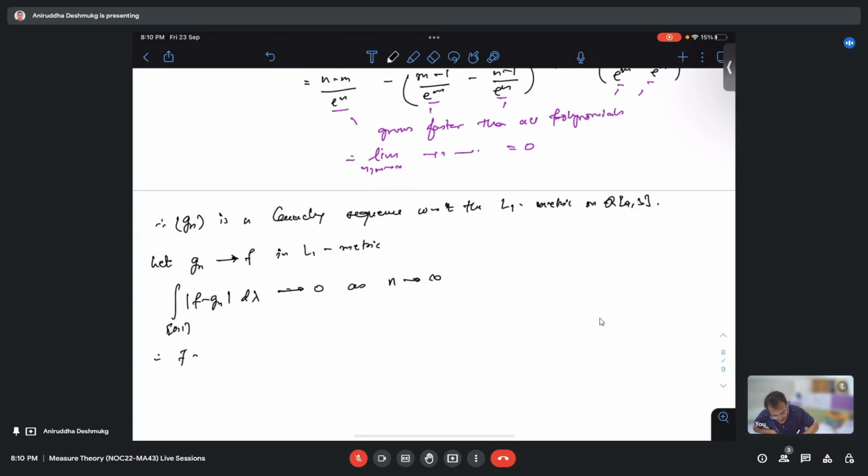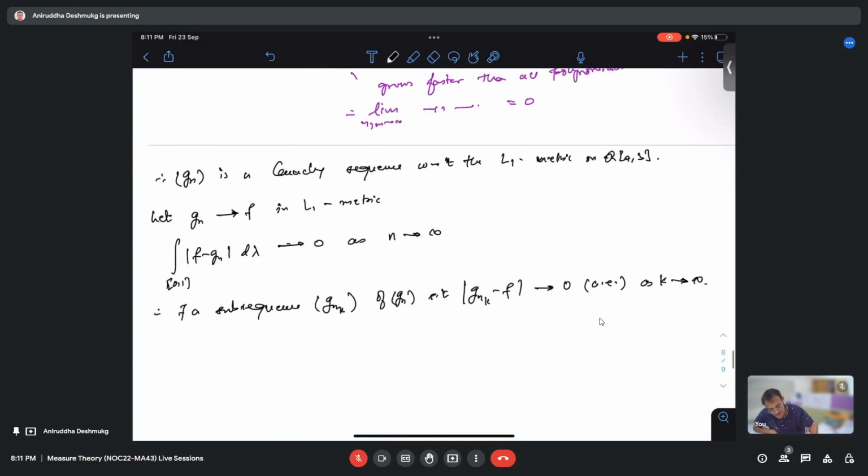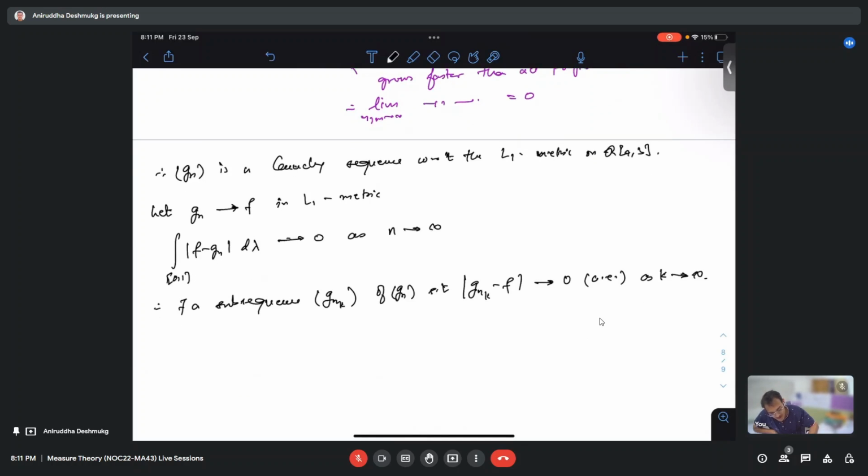Therefore, there is a subsequence Gnk of Gn such that mod of Gnk minus F converges to 0 almost everywhere as k goes to infinity. And why is this true?